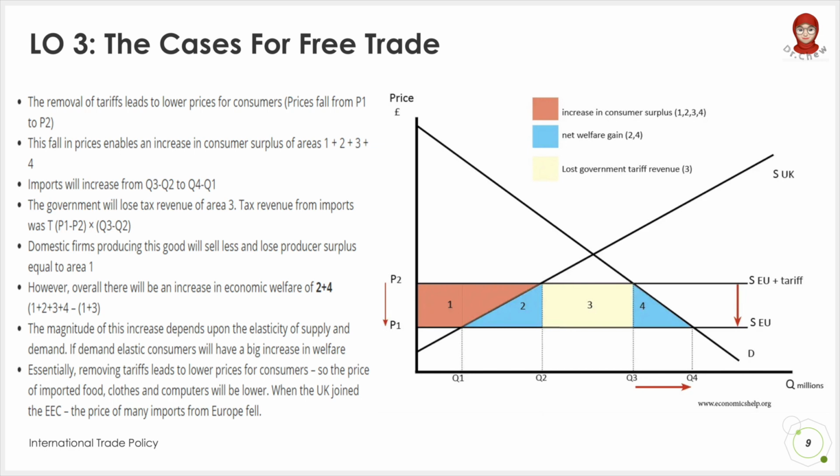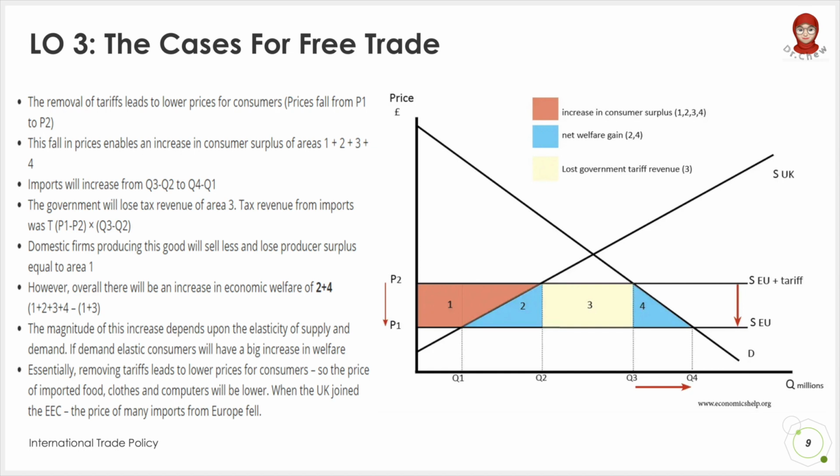This fall in prices enables an increase in consumer surplus of area 1 plus 2 plus 3 plus 4, under the demand curve. Imports will increase. The government will lose tax revenue of area 3. Tax revenue was from import.